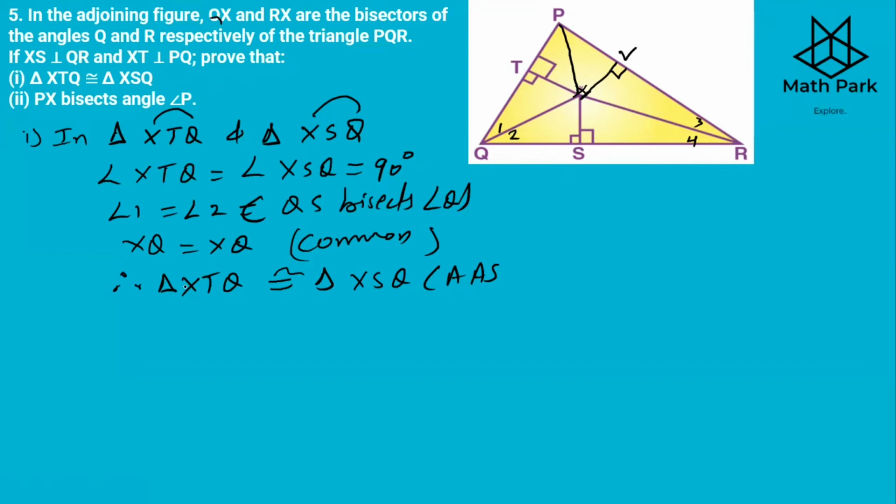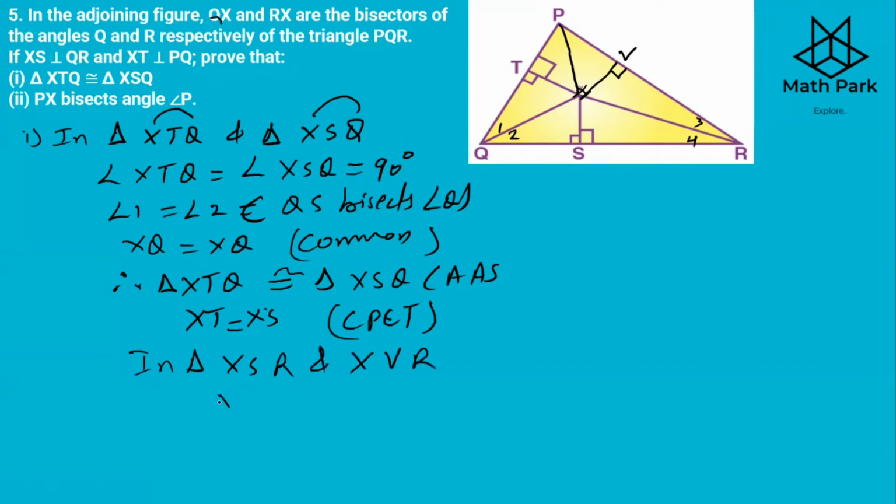Okay. So if triangle XTQ is congruent to XSQ, we get XT is equal to XS by CPCT. Okay. Now similarly, we will be able to prove these two triangles congruent. So we start with triangle XSR and triangle XVR.